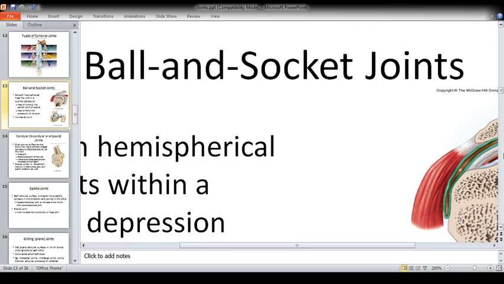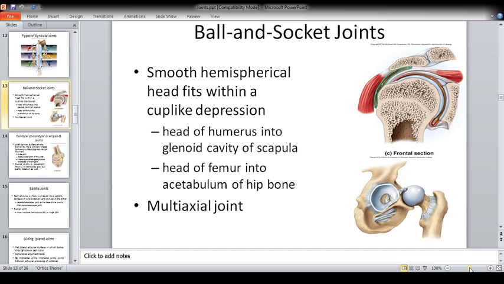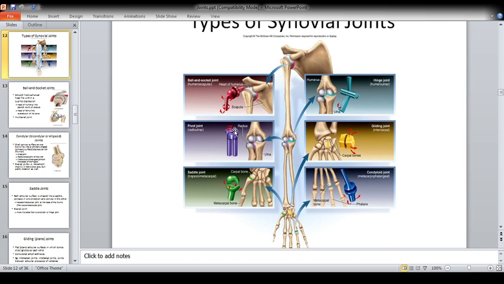So these are the joints. These were the types of synovial joints. Ball and socket joint. You need to remember this, present between the head of the humerus and the scapula, and the hip bone and the femur.